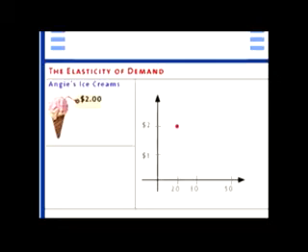Suppose Angie runs an ice cream store where she charges $2 a piece for her ice cream cones. And right now, she's selling 20 cones a day. If Angie puts her cones on sale at $1 a piece, she discovers that her customers want to buy more cones. That is, as the price falls, the quantity demanded increases.